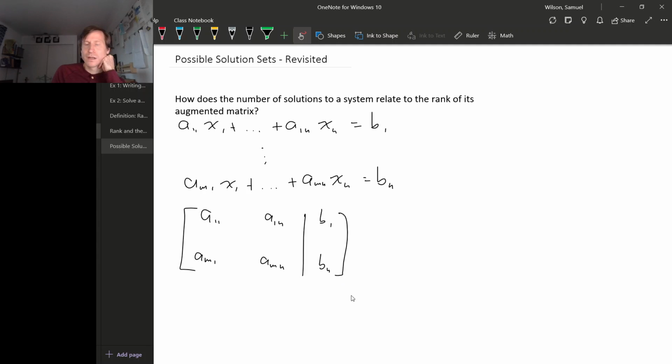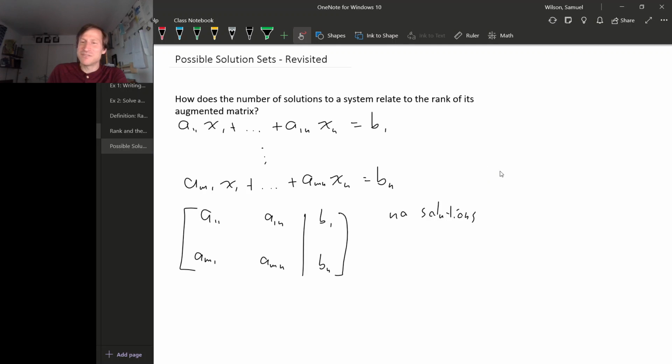Right. And there are a few different situations. So first of all, there might not be any solutions. But what would that look like? Well, the way to have no solutions is to have a contradiction somehow, or to have 0 on one side of the equation and a number on the other side of the equation.